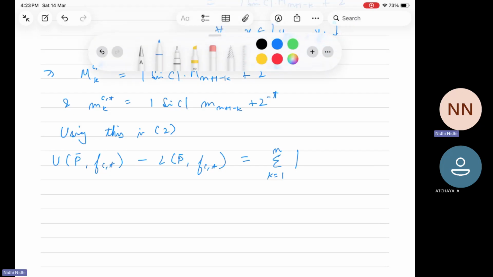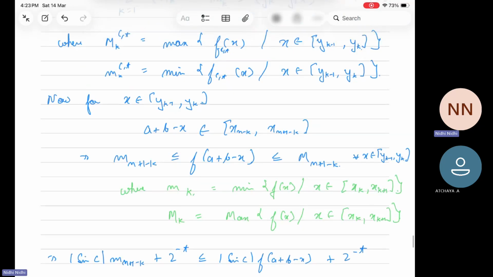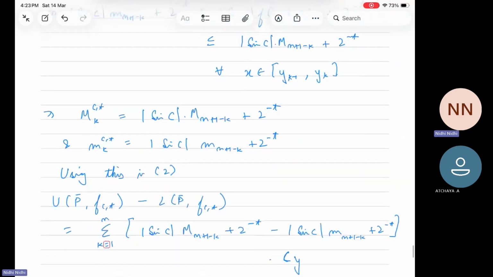Instead I should write it below. This is equal to summation k from 1 to n of |sin c| capital M_{n+1-k} plus 2 to the power minus t, minus |sin c| small m_{n+1-k} plus 2 to the power minus t, times we had y_k minus 1.